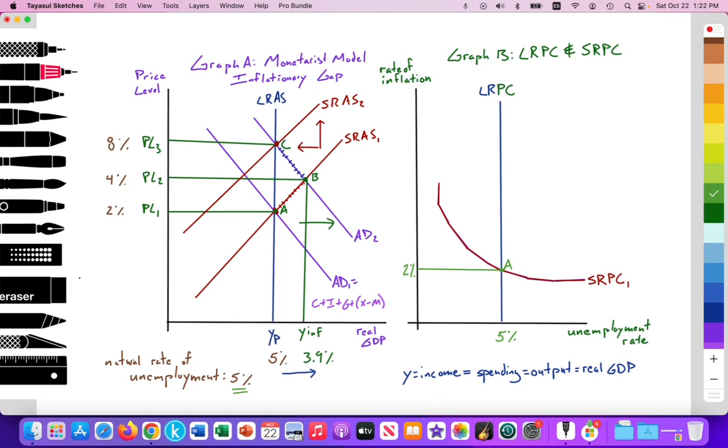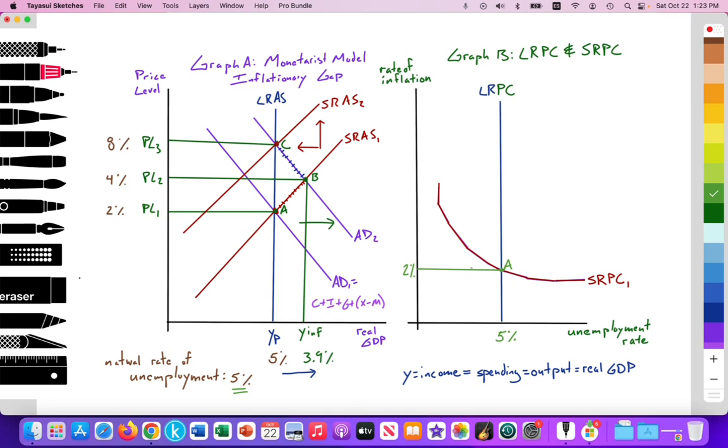We know that the natural rate of unemployment is equal to structural unemployment, frictional unemployment, seasonal unemployment. If we're able to alter that, that could lead to a shift in LRAS, also a shift in the long-run Phillips curve. But essentially, the long-run Phillips curve is highlighting the average level of unemployment in the economy, which here we see is 5%, equivalent to the LRAS at full potential, unemployment at 5%.